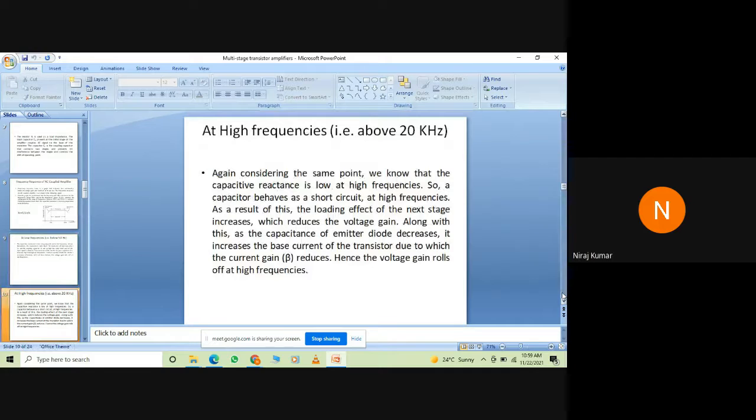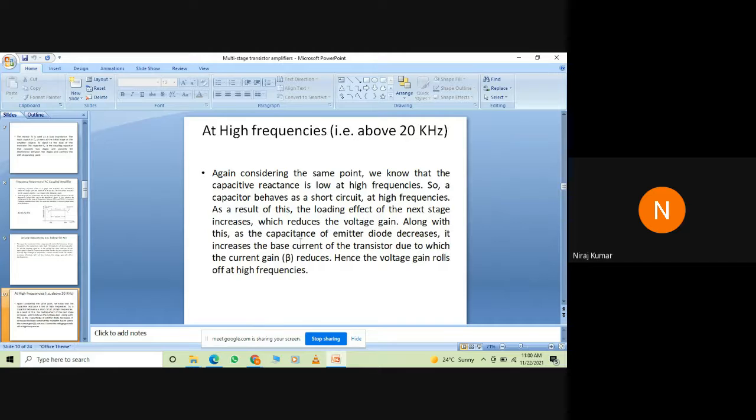Now the higher frequencies, that is, above 20 kilohertz. Again, considering the same point, we know that the capacitor reactance is low at high frequencies, so a capacitor behaves as a short circuit at high frequencies. As a result, the loading effect of the next stage increases, which reduces the voltage gain.